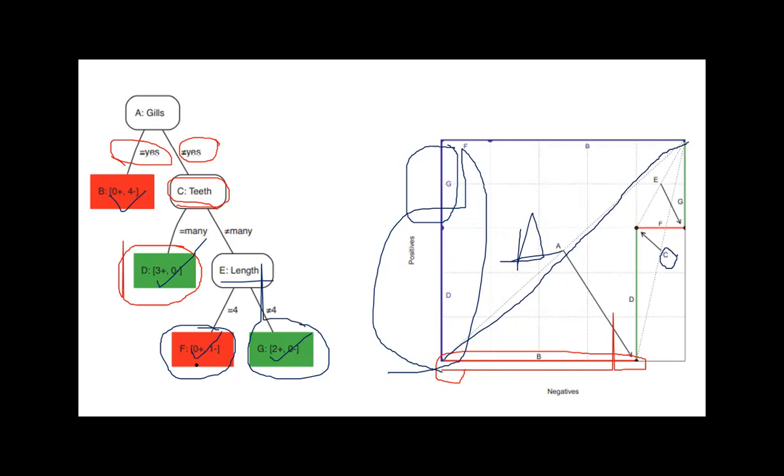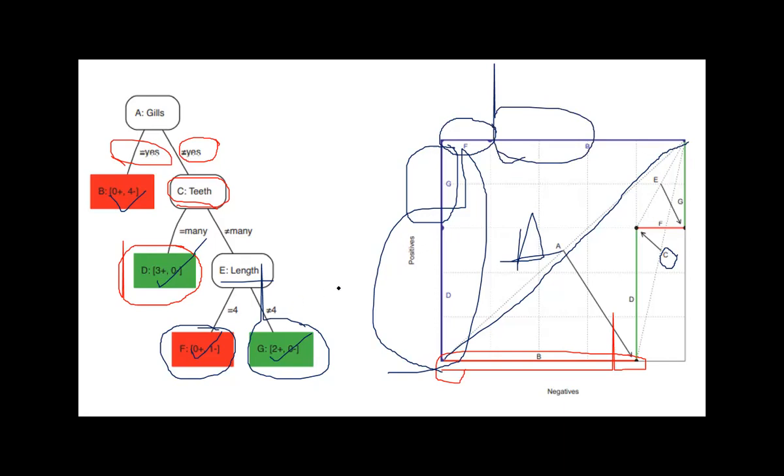F, if you see, it covers 0 positives. Therefore, here we have mentioned it as F. Similarly, if you see B, this is B completely. It can also be represented here.